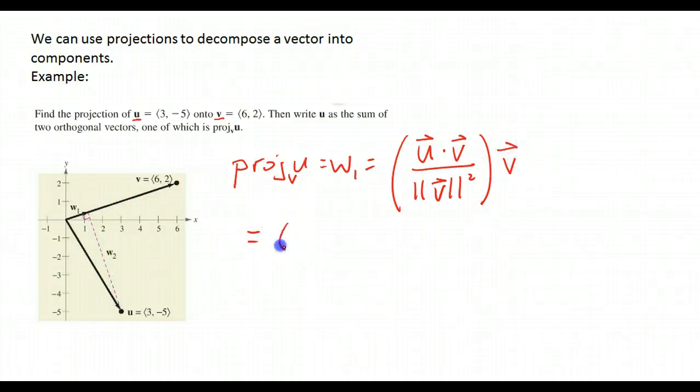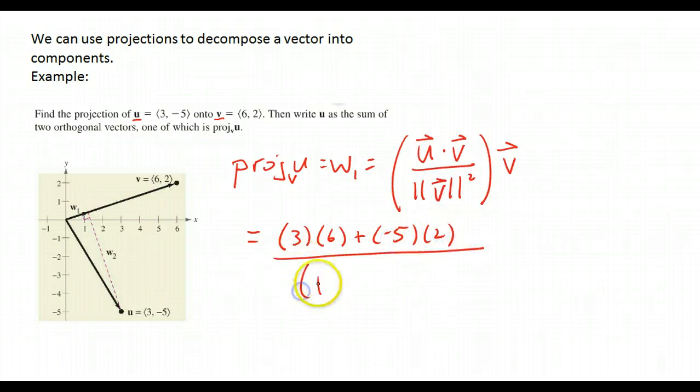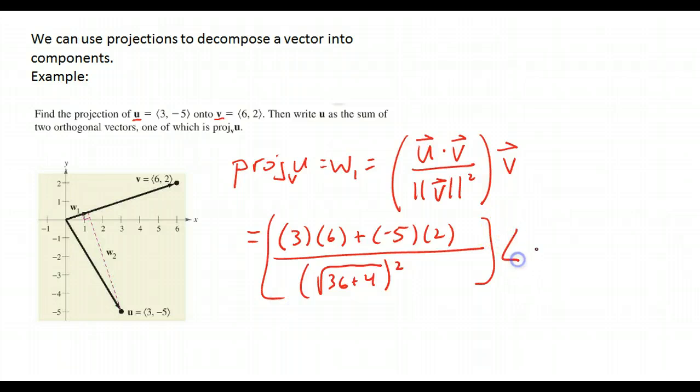So that's going to be 3 times 6 plus negative 5 times 2 over the square root of 36 plus 4 squared. That's the magnitude of v, 6 squared plus 2 squared. And then I'm going to take all of that and multiply it by vector v, 6 comma 2.